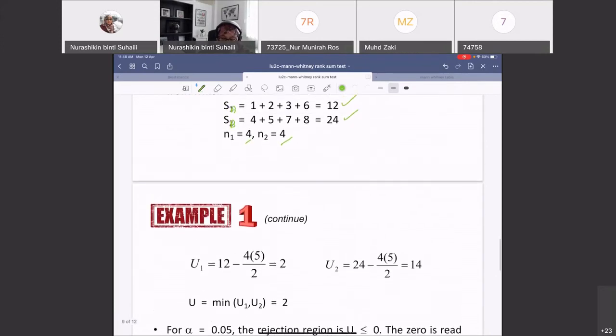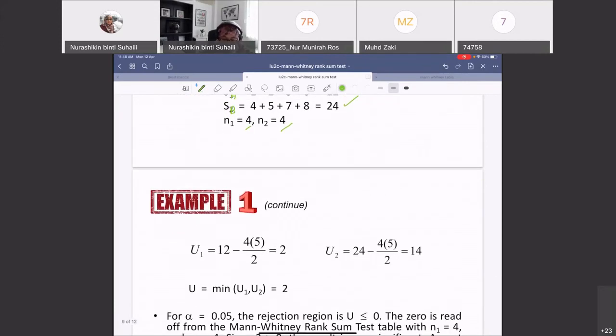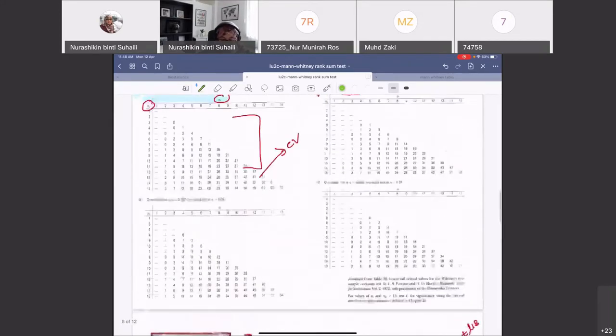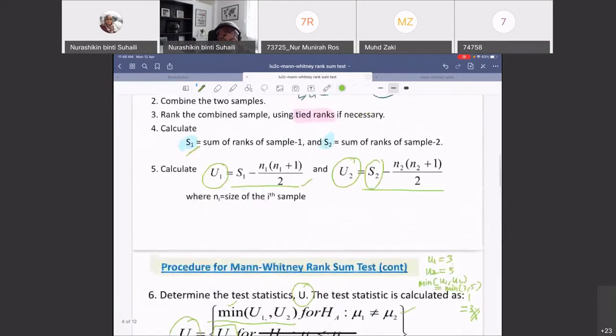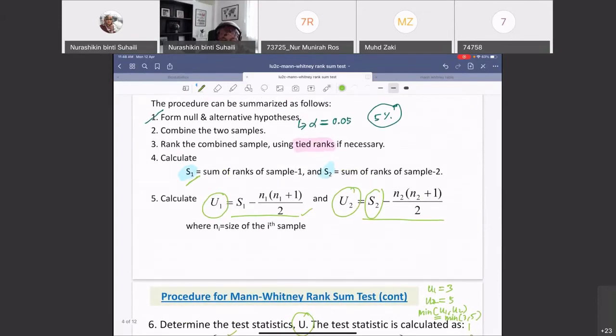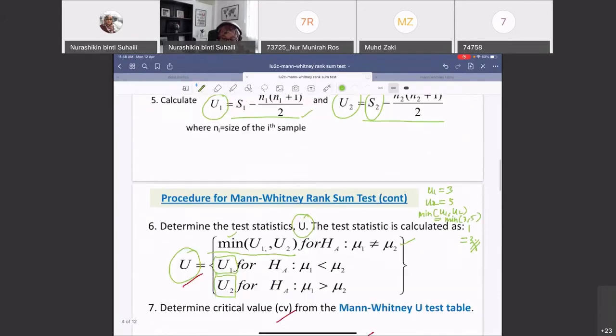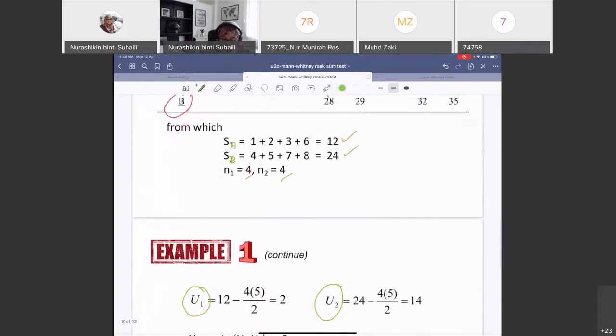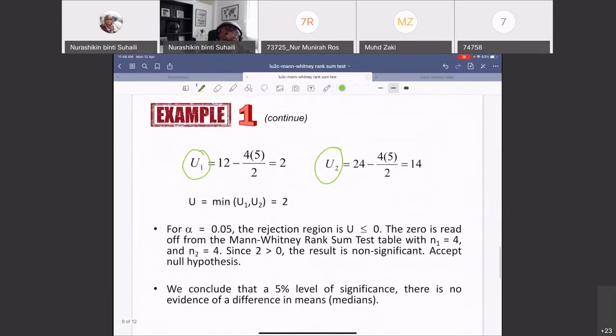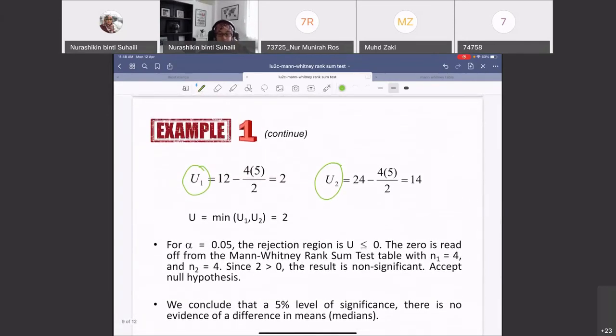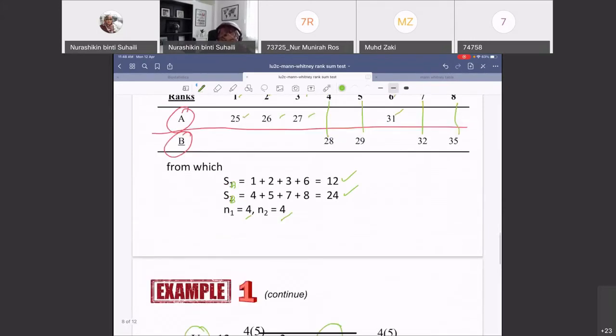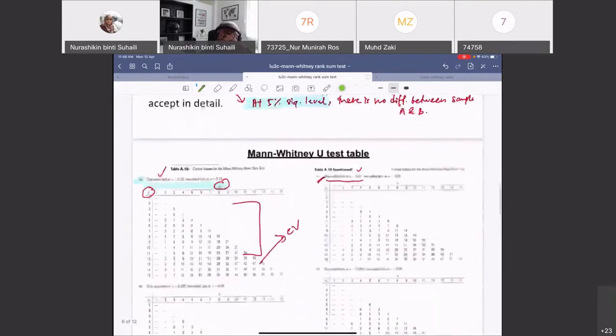The next step, step number 5, is to calculate U1 and U2. You know already the S1 and S2 values, so put them into the formula. The formula is given here.